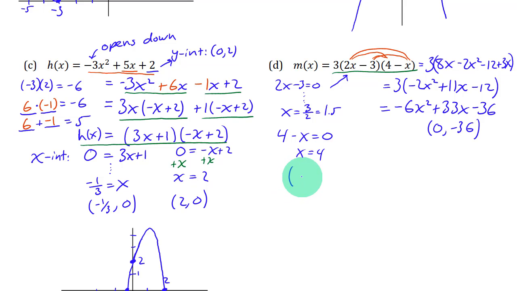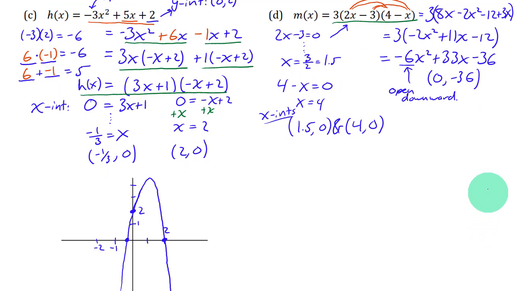So the x-intercepts are 1.5, 0 and the other one is 4, 0. And we can also see that the value of a here is negative. We have this negative 6, which means that this is going to open downwards.